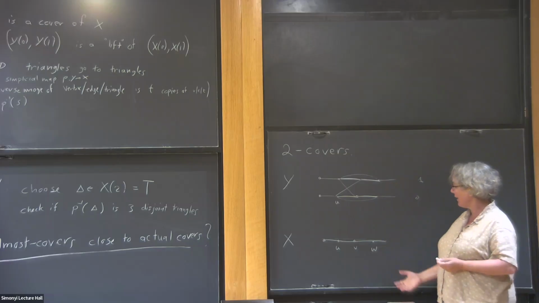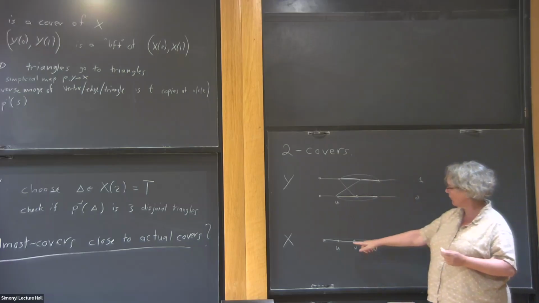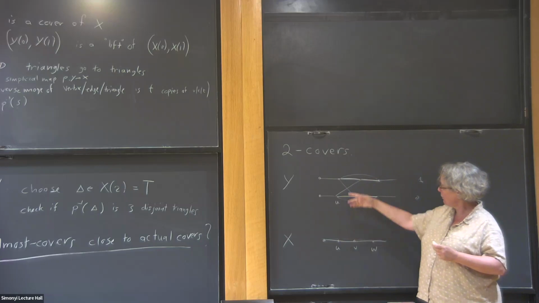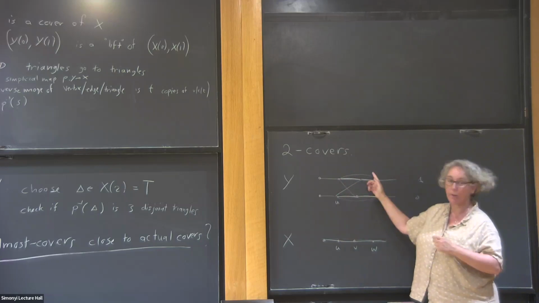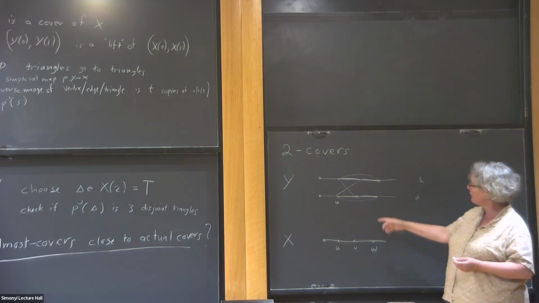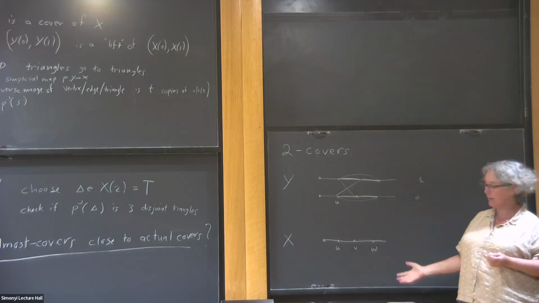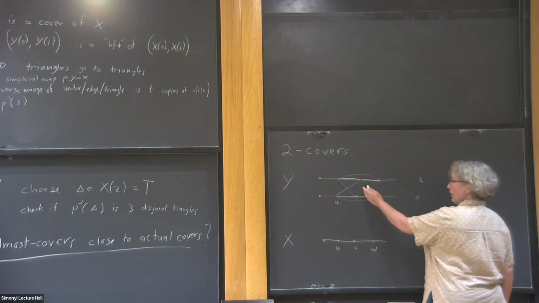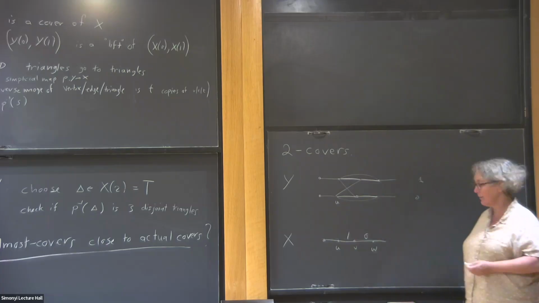So in fact, I can tell you what my cover is just by telling you for every edge of X, whether I put an edge that respects this partition or whether I cross this partition. So let me put a 0 if I respected the partition and a 1 if I do not respect the partition. So now a 2 cover corresponds to just a labeling of the edges by 0s and 1s.